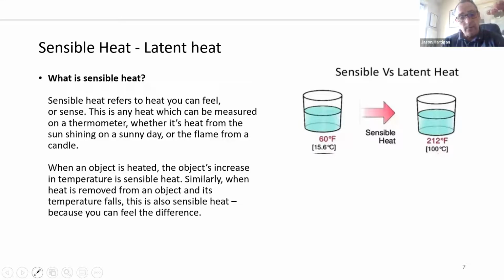Sunny day today, thermometer, you can see that temperature rising within the thermometer. So that is sensible heat. And there's a little schematic there, which shows a different temperature range, rising up to 100 degrees C, which is boiling temperature. So you can understand what sensible heat is.